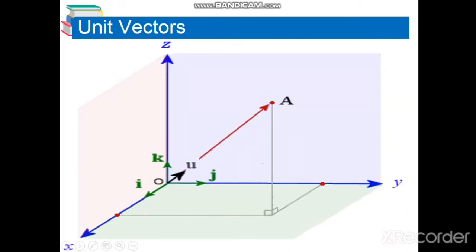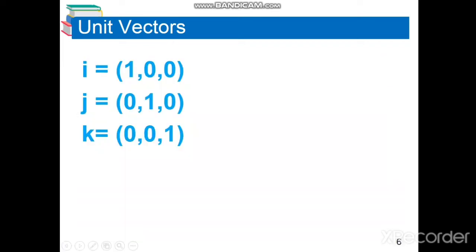As you can see in this figure, this is the x-axis, so in the direction of x-axis the unit vector is i, that you can see in green. Along y-axis the unit vector is j, and along z-axis the unit vector is k. It only means that i, j, and k are used to represent the direction of a component of a vector along x, y, and z-axis.